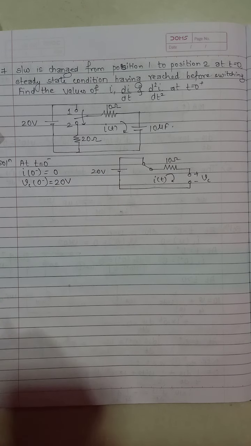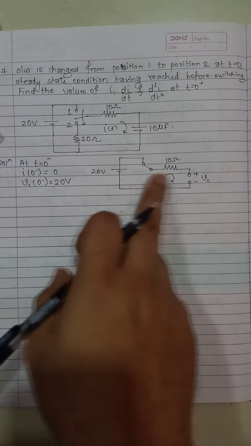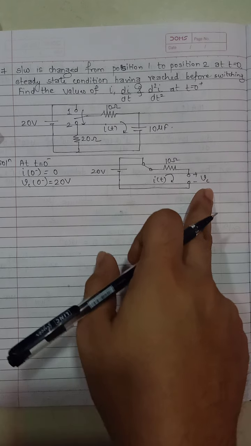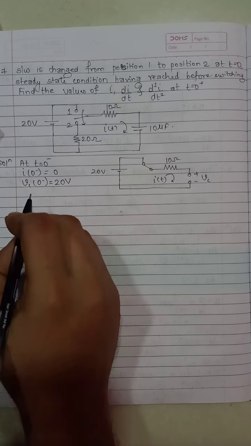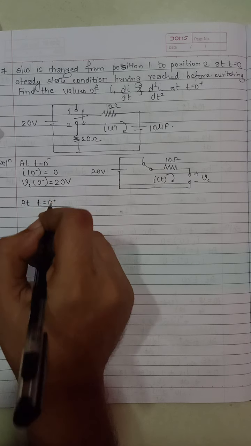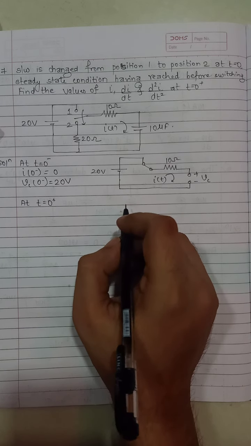So this is the difference between the steady state attainment and the normal problem. Here initial voltage across capacitor is not 0, capacitor is initially charged to 20 volts. Now what will happen at t is equal to 0 plus, that is when the switch changes its position.